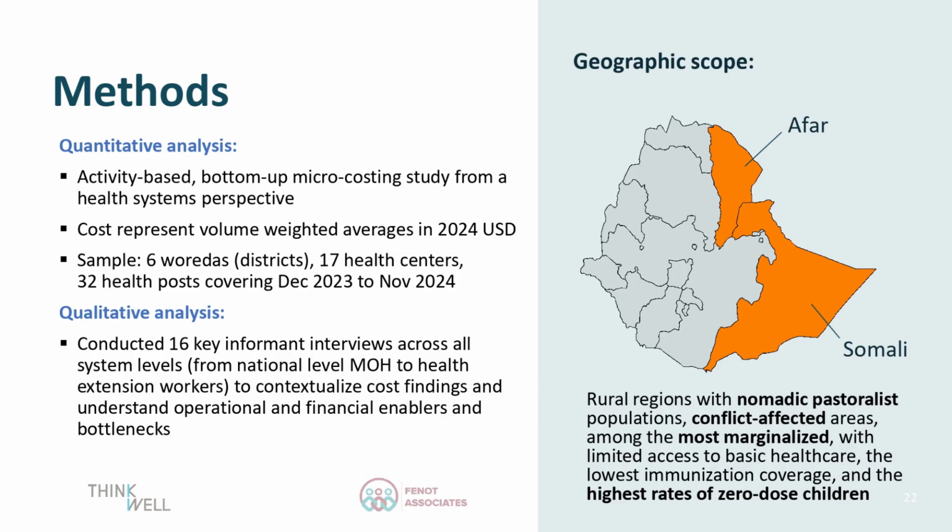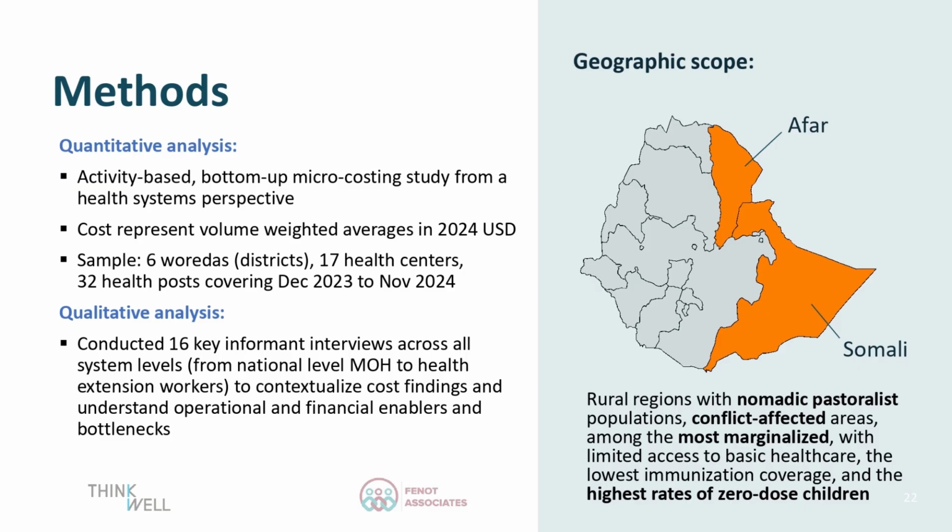In terms of the approach, we did both quantitative and qualitative analysis. As you can see on the left side, Afar and Somali are on the periphery of Ethiopia. And so we did a costing study and collected data from these regions.